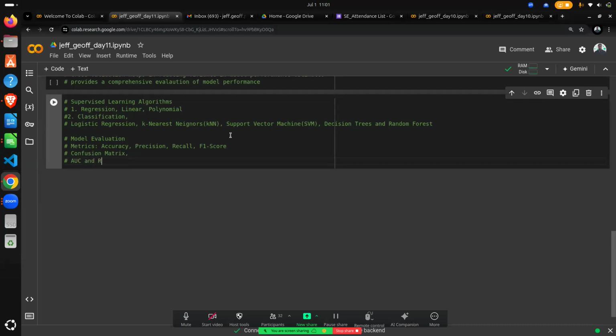and ROC. What is AUC? AUC is area under the curve. Thank you. And what about ROC?